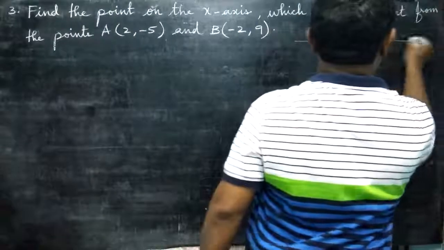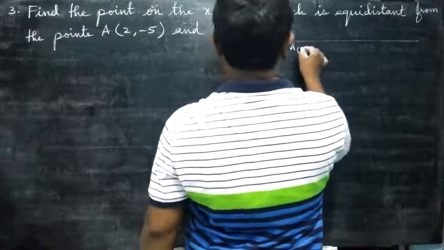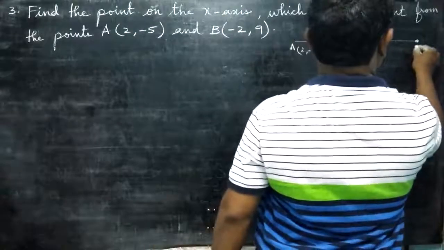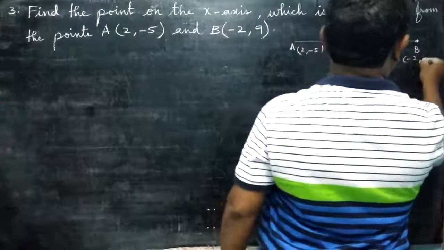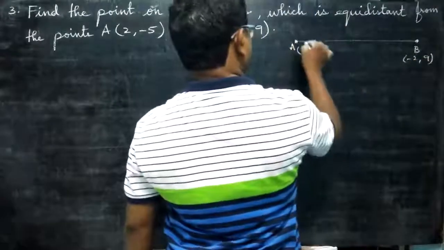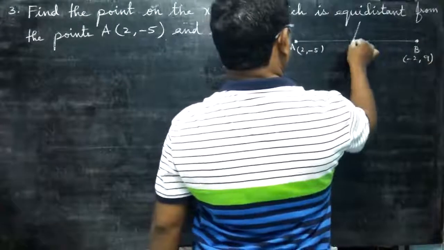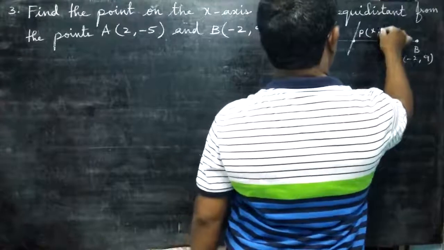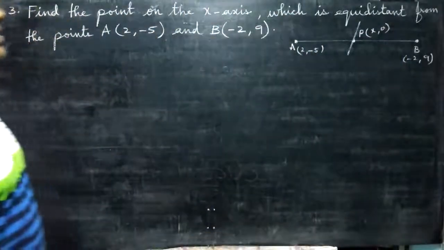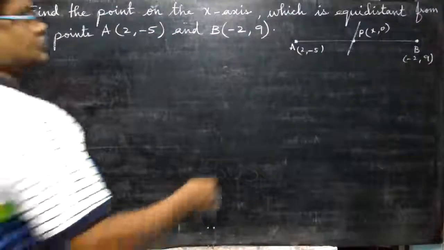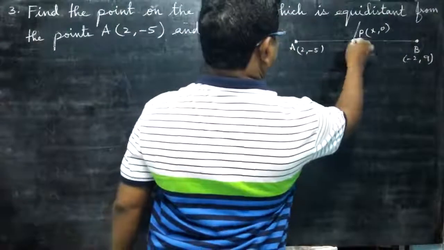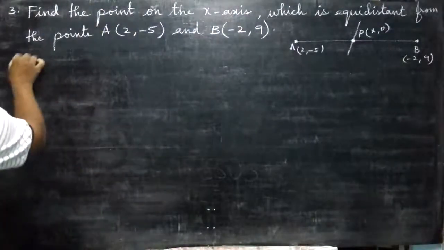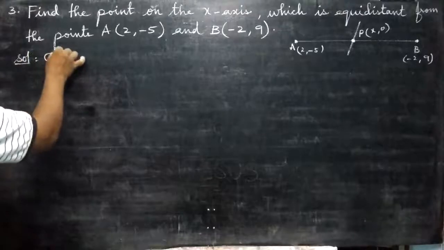Between these A and B there is a point, think of it as P. The x-axis they told, so the general form of a point on the x-axis is x comma 0. Now AP is how much, PB is that much. Equidistant means equal distance.